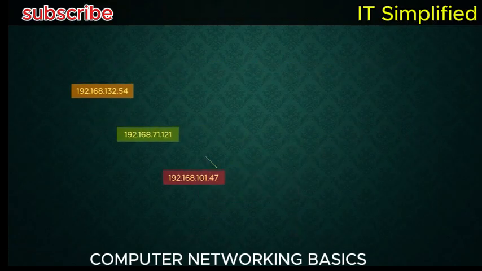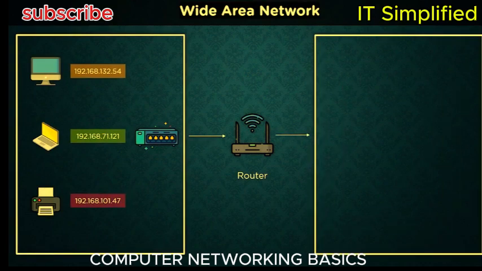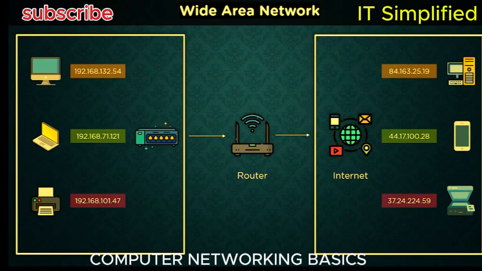With that being said, we can now take a look at how wide area networks work. A wide area network, or a WAN, is in its most basic form a collection of local area networks or any other networks that interact with one another. A wide area network is essentially a network of networks, with the internet serving as the world's biggest one.